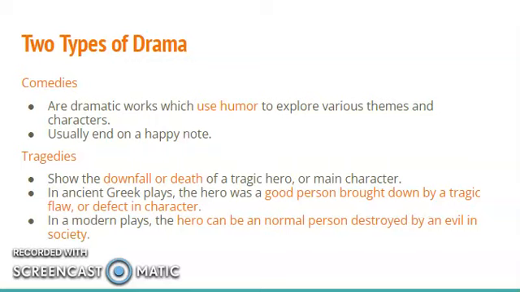So we have the story of Achilles, who was a Greek hero, and he was brought down by his Achilles heel, which was his weak spot where he could be attacked. And then in modern plays, the hero can be a normal person destroyed by an evil in society, and their flaws that go along with that.